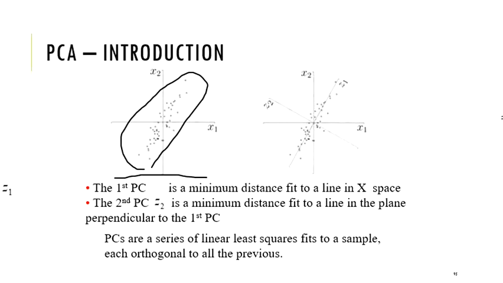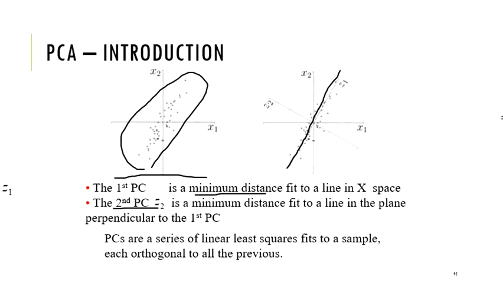The objective of principal component analysis, or finding different principal components, is to find the new dimensions so that they are optimized corresponding to the spread of data. So I find a new dimension over here, I call it Z1, that captures the most spread of data in this dimension. So that first line fits so that it has the minimum distance in this space.